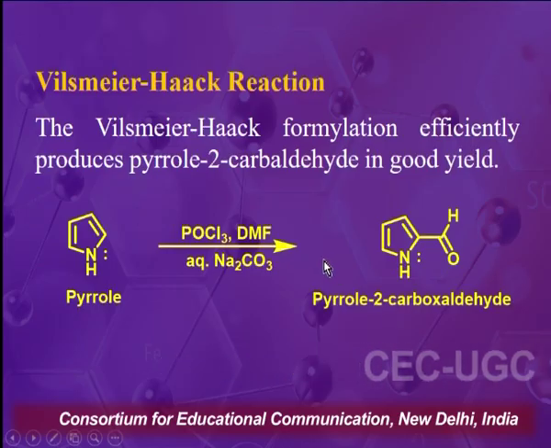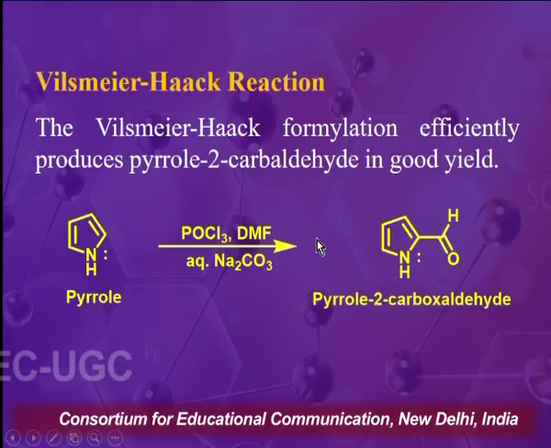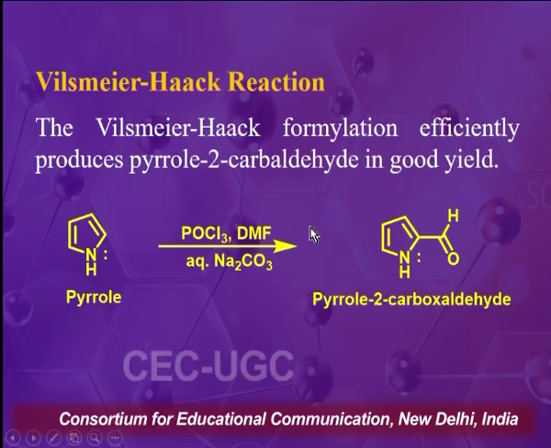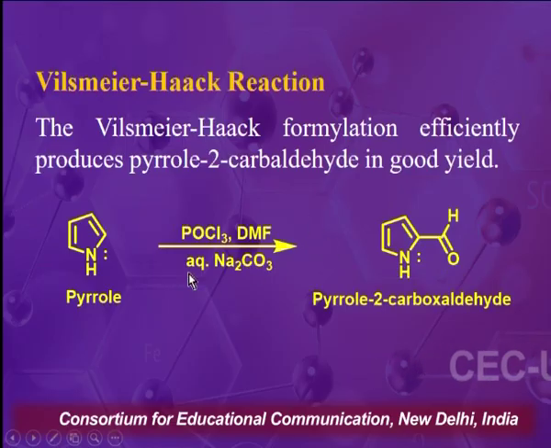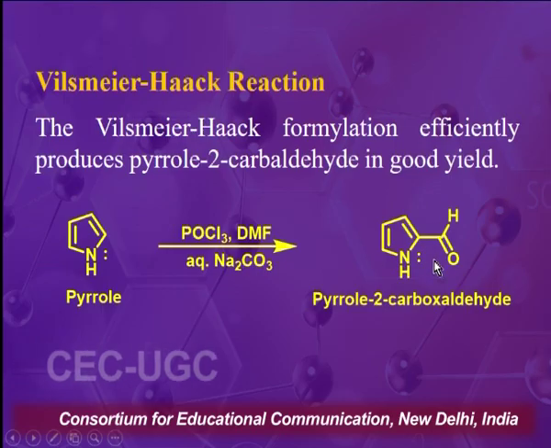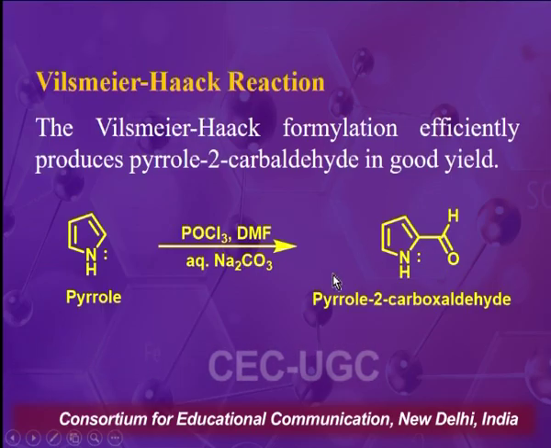Further, we are going to discuss the Vilsmeier-Haack reaction on the pyrrole molecule. This is also a kind of electrophilic substitution reaction and is used for the introduction of a formyl group on any aromatic system.